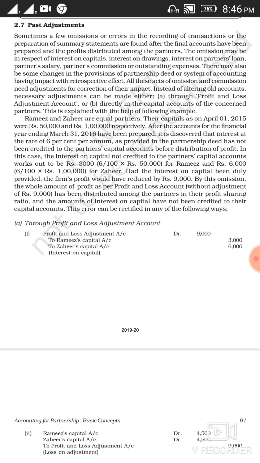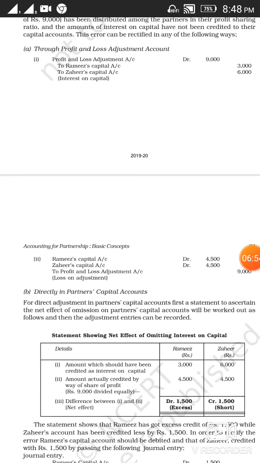Now on comparing these two journal entries, you can make out that Ramesh's capital is to be credited by 3,000, Zahir's capital has to be credited by 6,000, whereas the capitals would have been debited by 4,500 respectively. Now on comparing these two, you can make a single entry also.